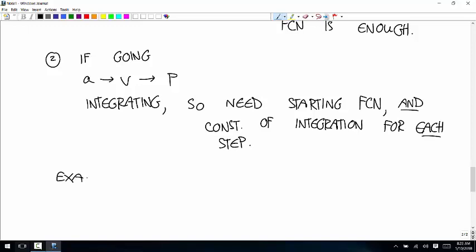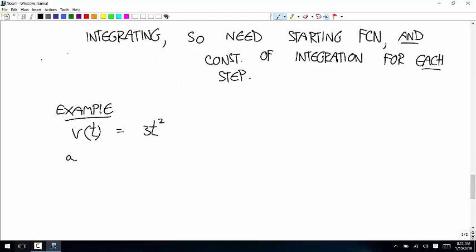Okay, so for example, let's say that you start with a function of the instantaneous velocity, v of t is equal to 3t squared. Let's say first, we want to figure out acceleration as a function of time.